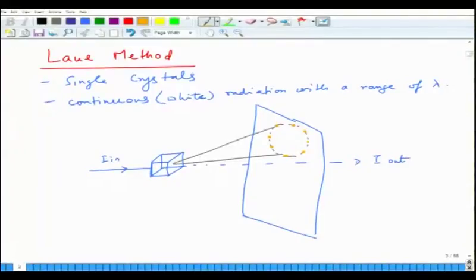Only those planes are going to diffract, and that diffracted beam is going to appear like a spot on the screen.